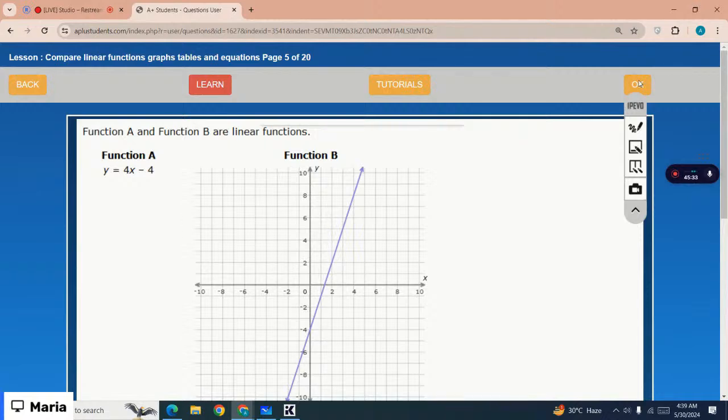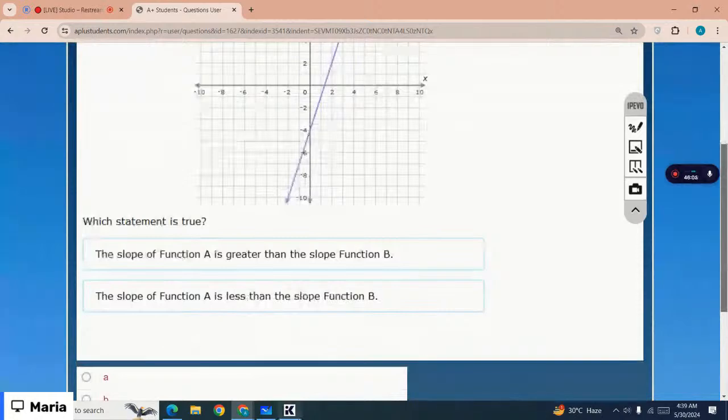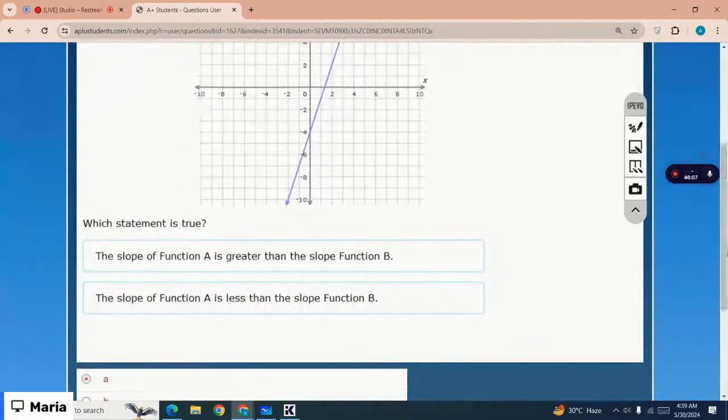So which is the correct option? So the correct option is slope of function A is greater than slope of function B. Option number A is the correct option.